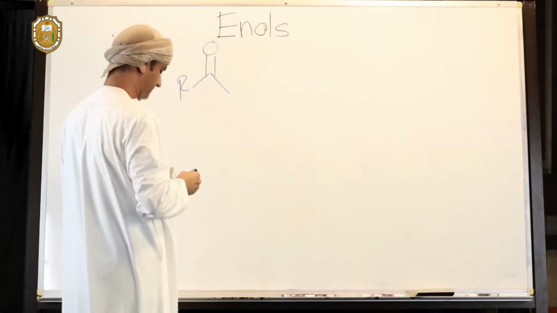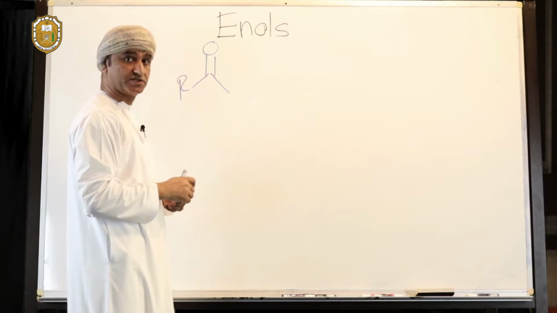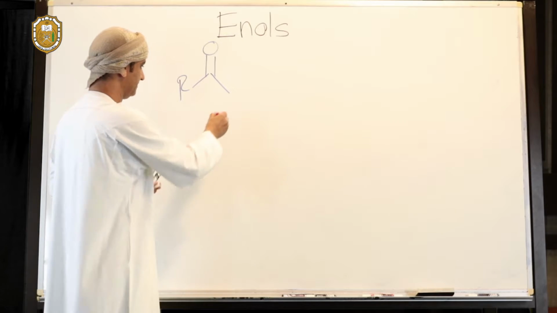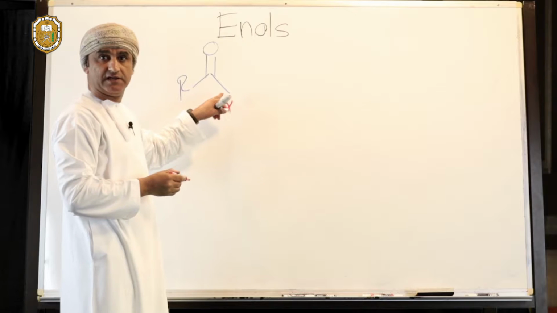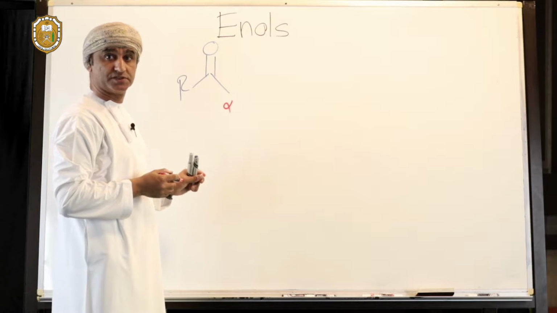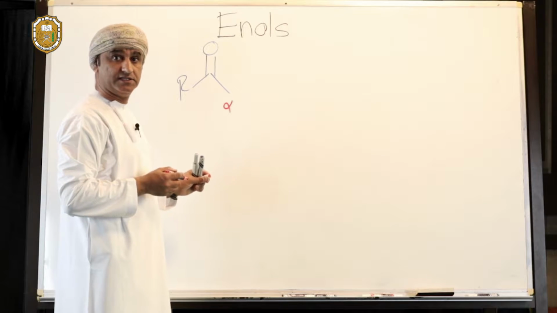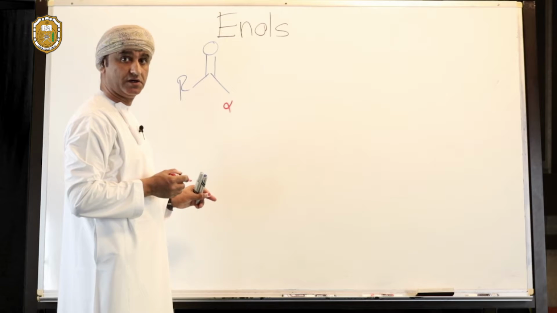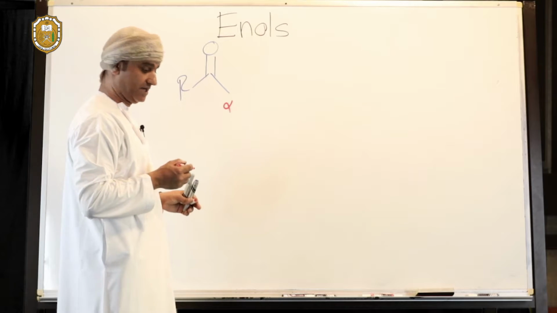of a ketone, and remember this position is called the alpha position. So this is the alpha carbon. What's important here is the presence of a hydrogen on this alpha carbon.